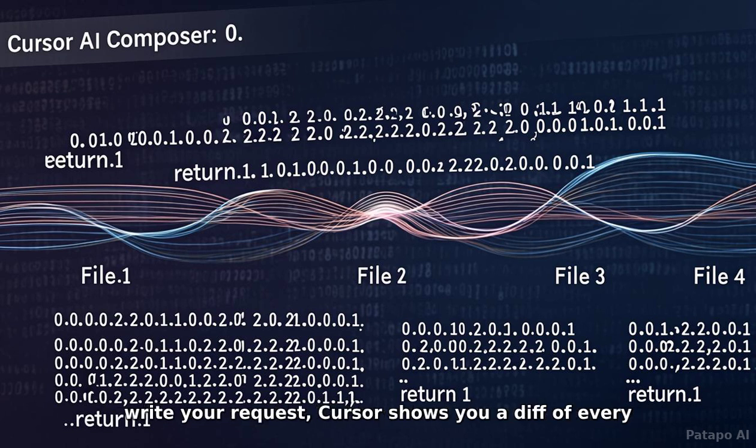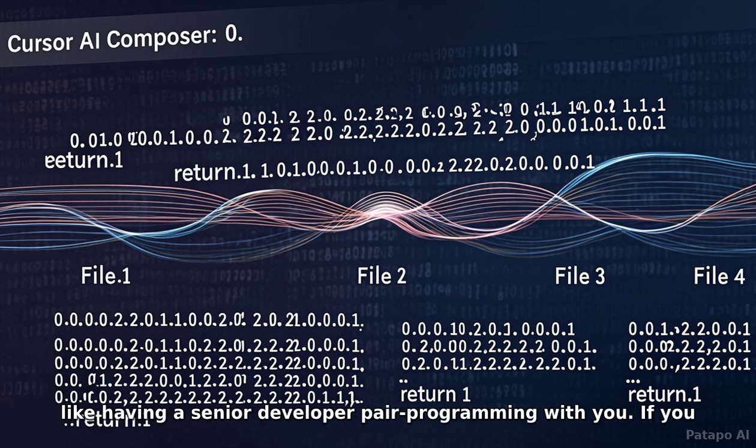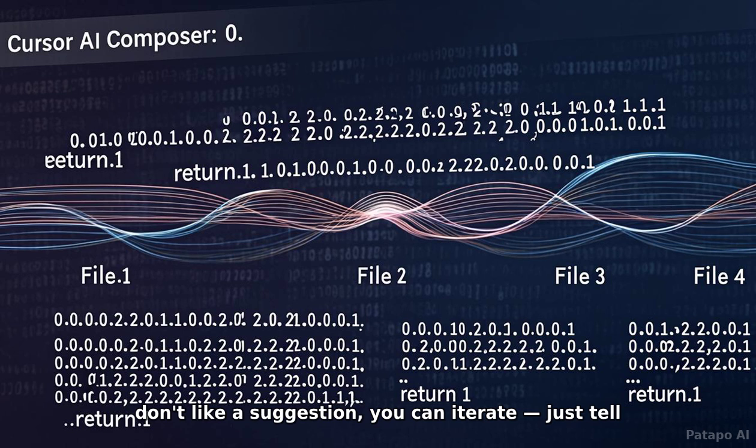Here is the workflow. You write your request. Cursor shows you a diff of every change it wants to make. You review each change, and then you accept or reject. You are always in control. It is like having a senior developer pair programming with you.